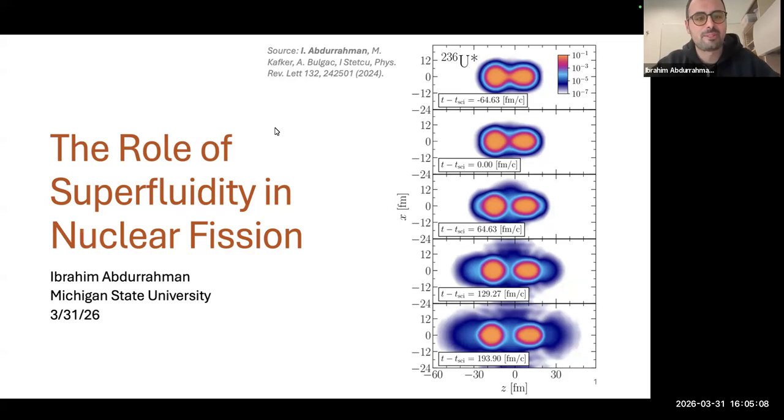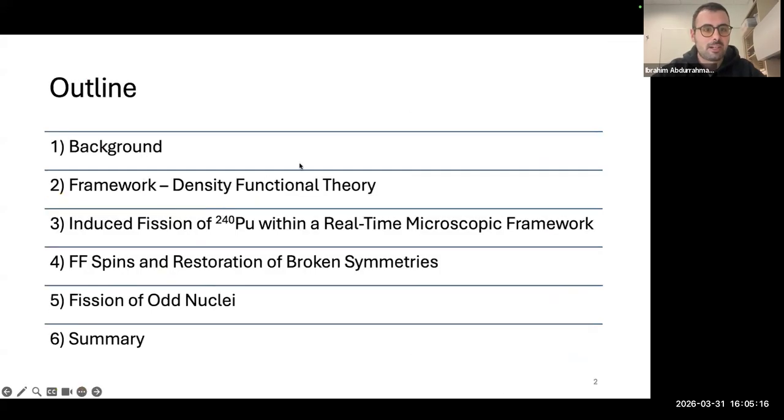Hello. So I'm going to talk to everyone about the role of superfluidity in nuclear fission. This is a rough outline of the talk. There'll be some background on what nuclear fission is from the theory point of view, the framework that will be applied, which is density functional theory, and its extension to superfluid systems.